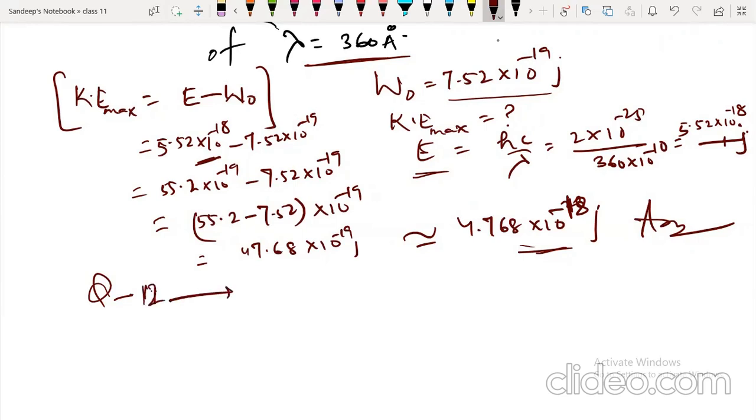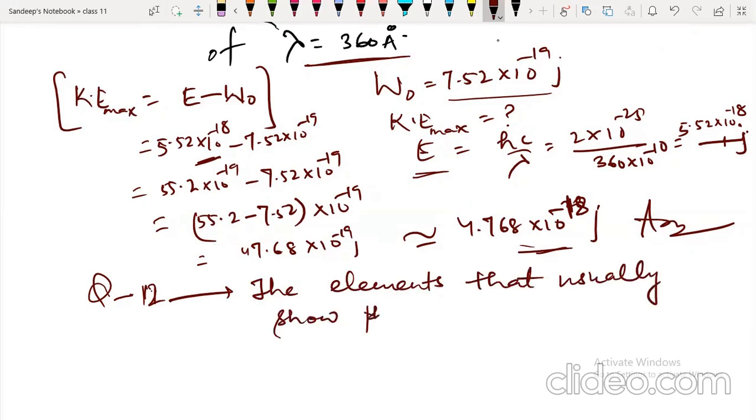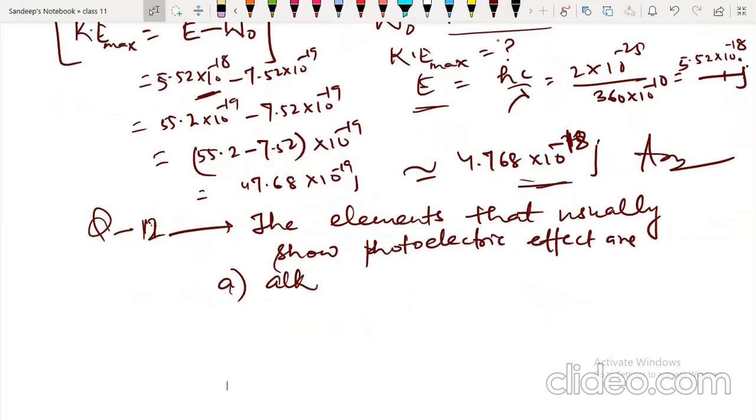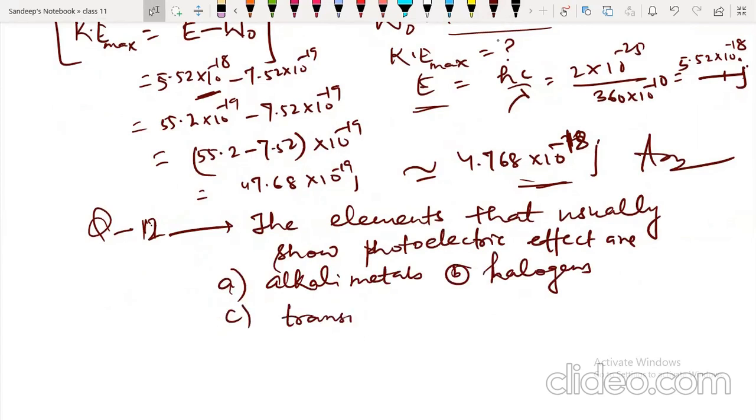The elements that usually show photoelectric effect are: alkali metals, halogens, transition metals, inner transition.